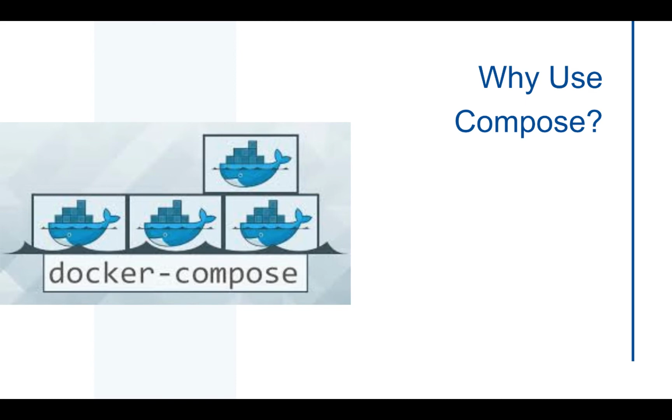Docker Compose solves this problem by allowing you to define a YAML file to specify multi-container applications, and you can configure as many containers as you want, how they should be built and connected, and where data should be stored. And you can then run a single command to build, run and configure all of these containers. This combination makes Compose a very powerful tool.